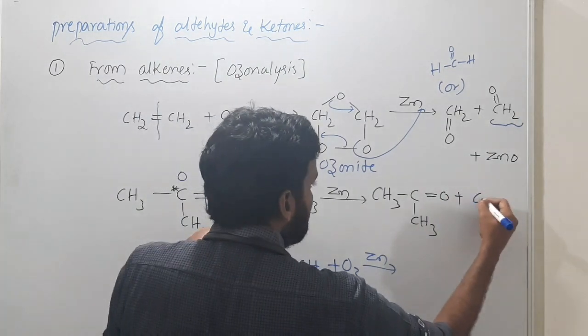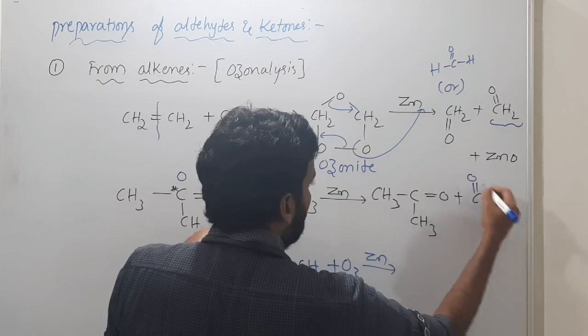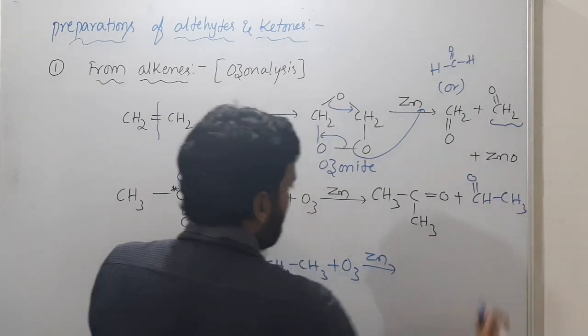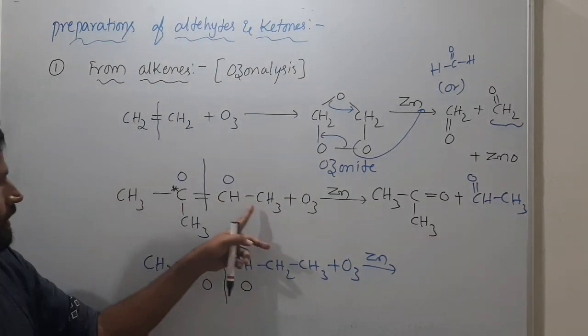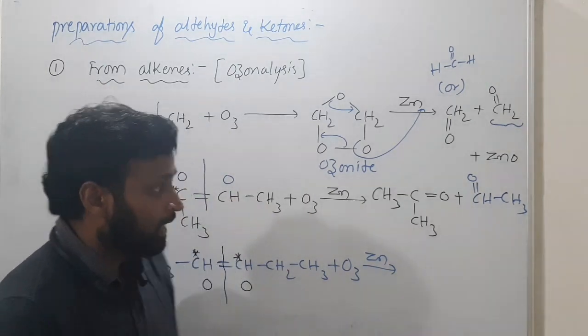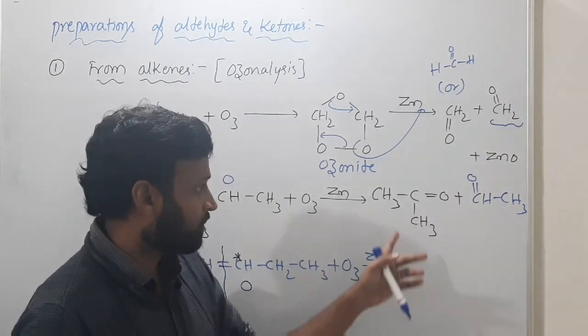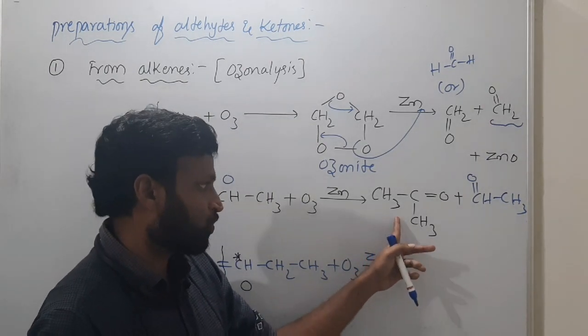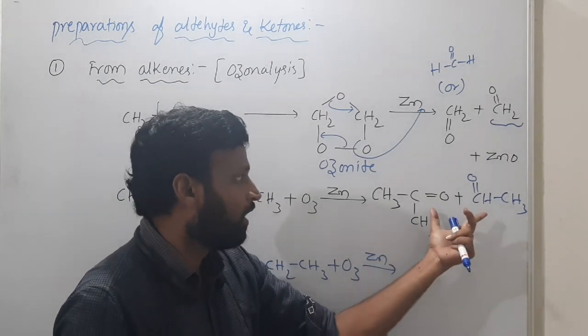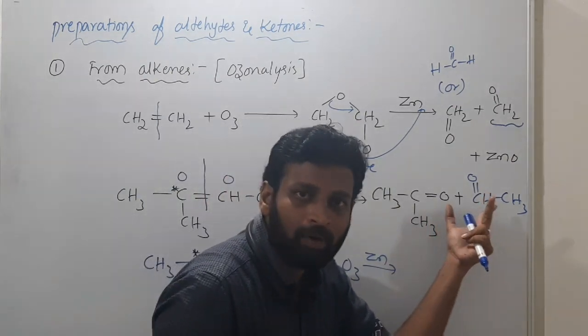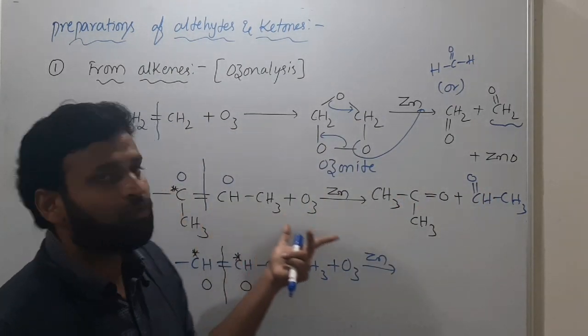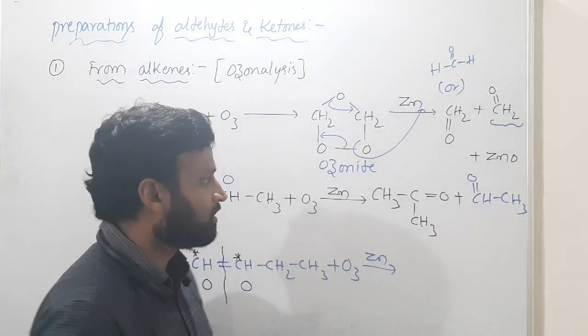So you have CH double bond O and CH3. Understood? So CH3 CHO. Given propanone, or acetone, and acetaldehyde, to prepare them, what type of alkene is required for ozonolysis? That is the question. Simple.